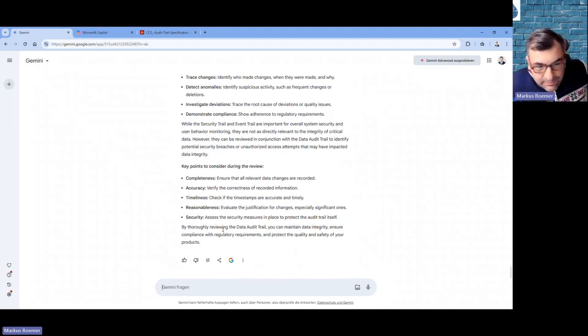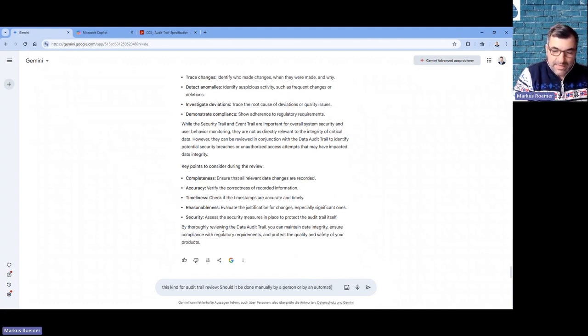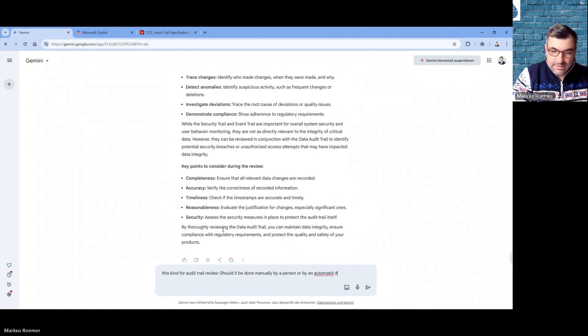Very interesting. What should we ask? This kind of audit trail review, should it be done manually by a person or by an automated system?